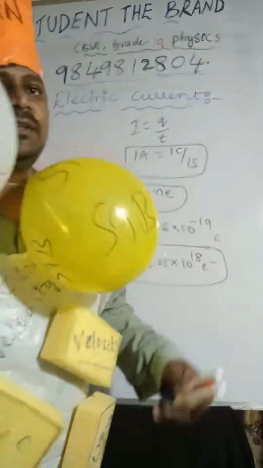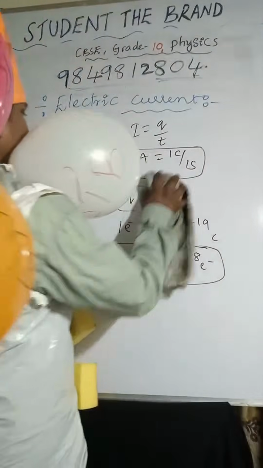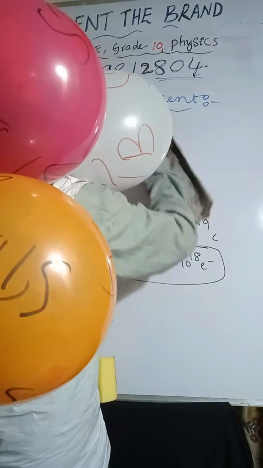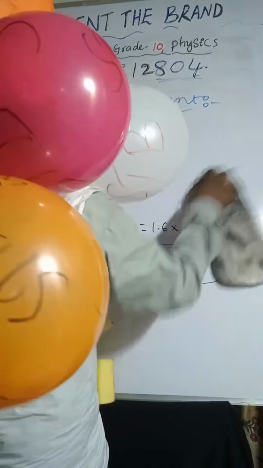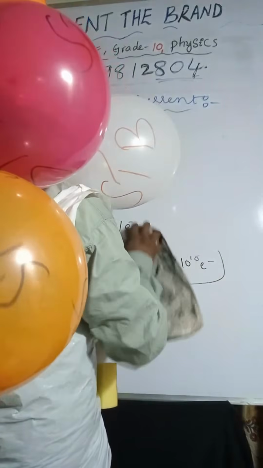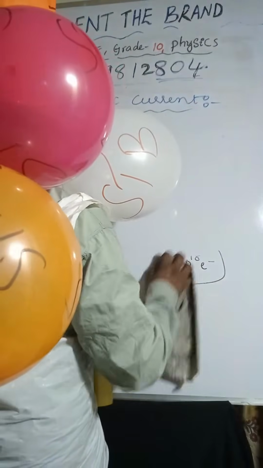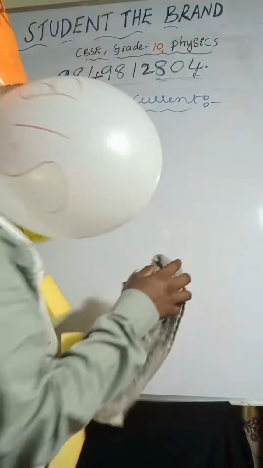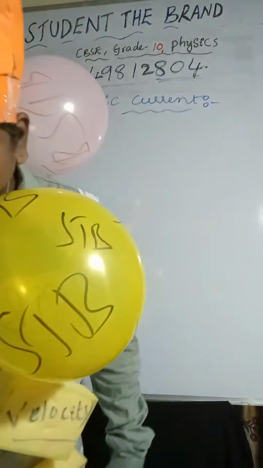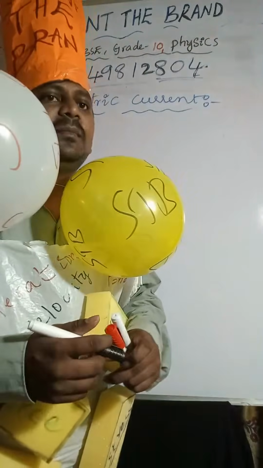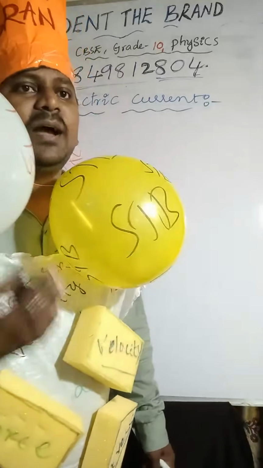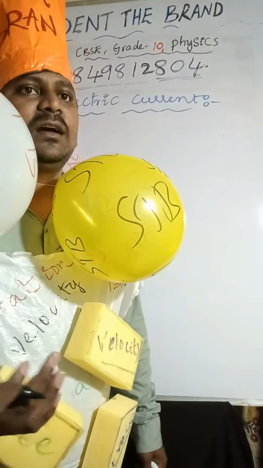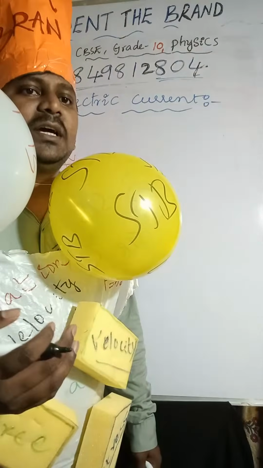Electrical appliances. We'll discuss electrical appliances: cell, battery, resistor, rheostat, ammeter, voltmeter, wire joining and wire crossing.